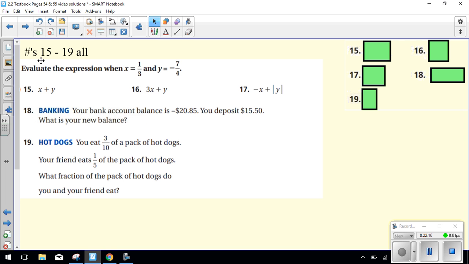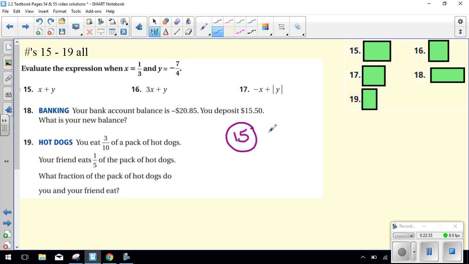Okay, here we're going to do 15 through 19 all. The directions for 15, 16, and 17 say to evaluate the expression. Expressions like this are problems where you can find the given solution. So let's start with number 15.